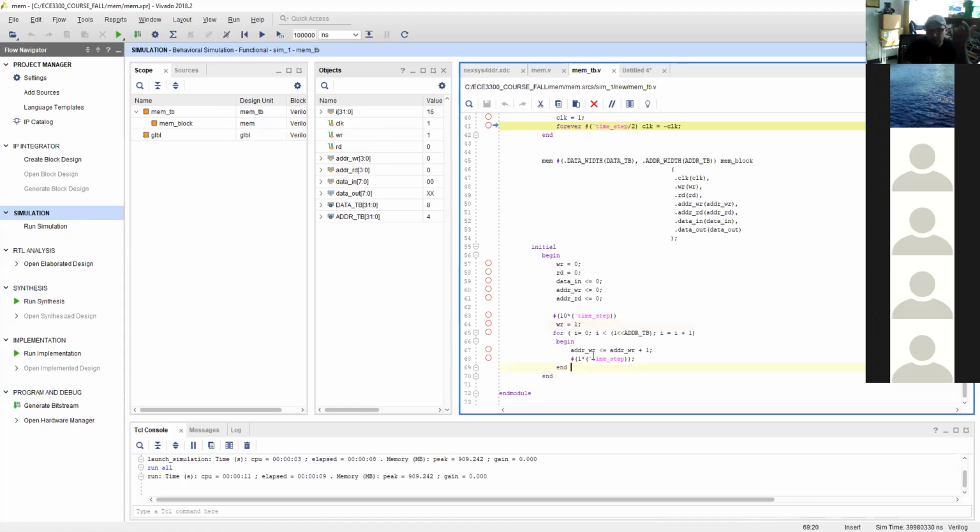If I want it to be not high, I can just come and say write equal 0. Then I make it like this.